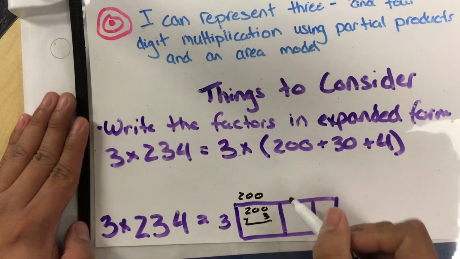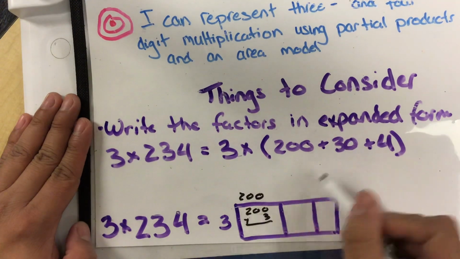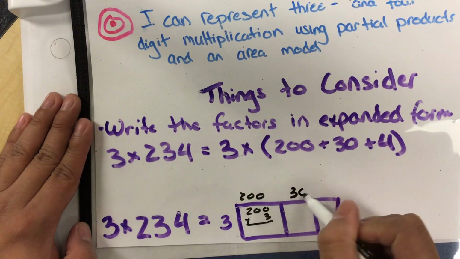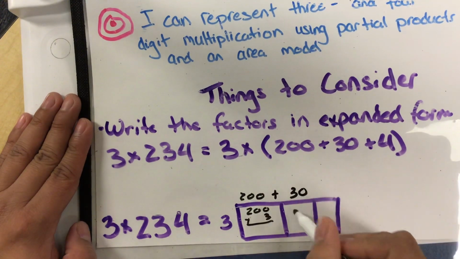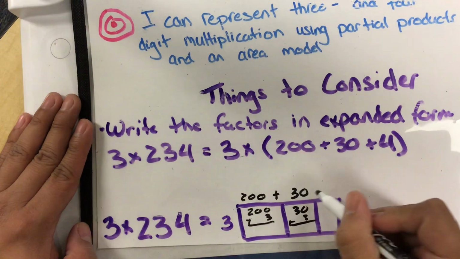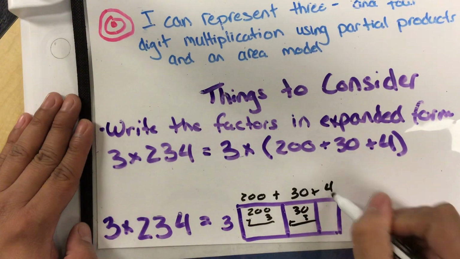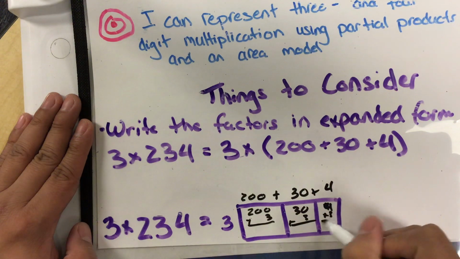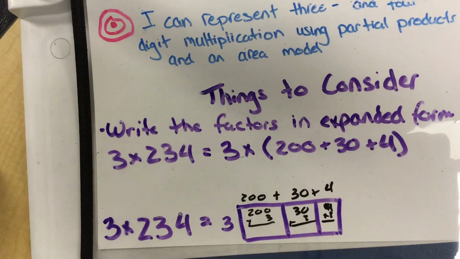This square is going to be 3 times 30, because that's our next part of our expanded form. So we have 200 plus 30, so we have 30 times 3. And we have plus our 4, so 4 times 3.